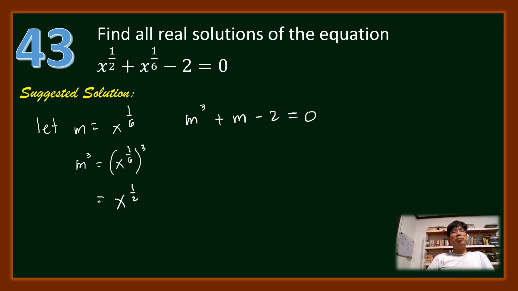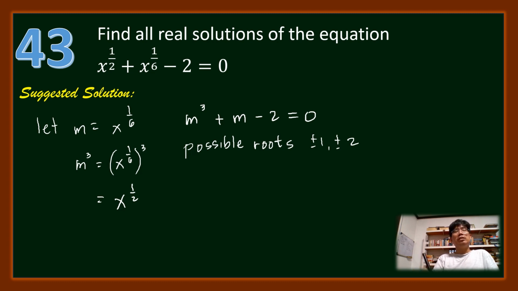We now have a polynomial equation where the coefficient of the leading term is 1 and the constant term is negative 2. Then all the possible roots of this polynomial equation, according to the rational root theorem, the possible rational roots are positive negative 1 and positive negative 2.